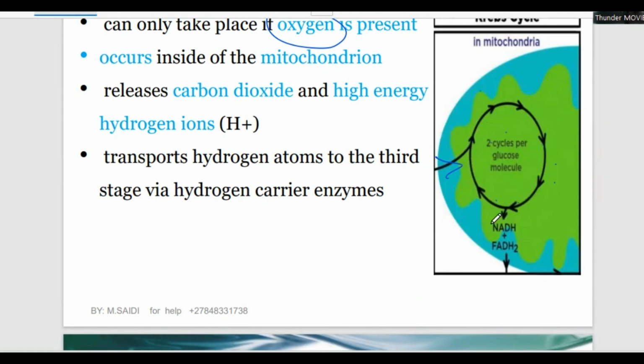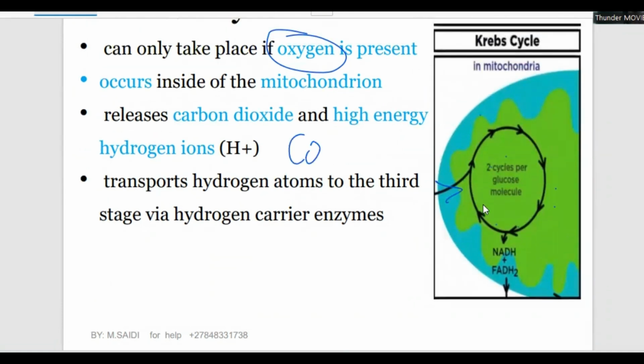During that period of the cycle, it is broken down, and then carbon dioxide is produced, plus the hydrogen ion. The hydrogen ion will combine with the NAD, and not only with the NAD but also with FAD, and then they enter what we call the oxidative phosphorylation.